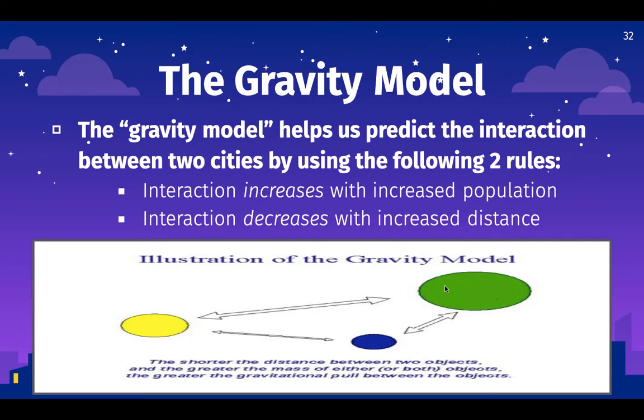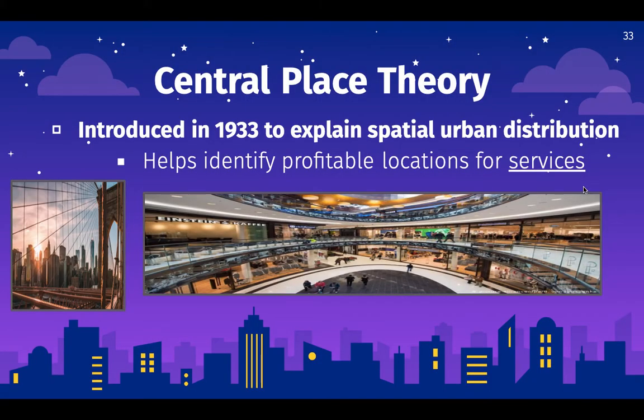On the other hand, the green city and the yellow city have a high level of interaction because each of them has a pretty large population. Finally, the blue city and the yellow city have a pretty low level of interaction because their populations are a little bit lower and they're kind of far apart. So the gravity model is a way to predict the interaction between two different cities.